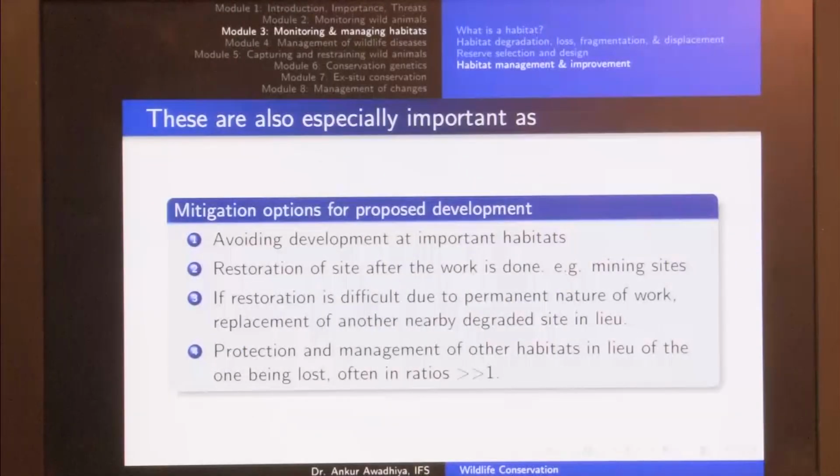Now, all of these options are also important as mitigation options when we are doing any developmental activity. This developmental activity could be, say, construction of a road, or construction of a railway line, construction of a dam, and so on, or doing some mining work.